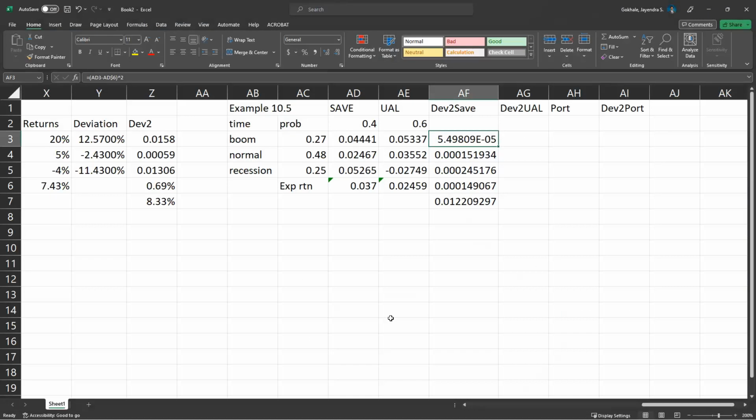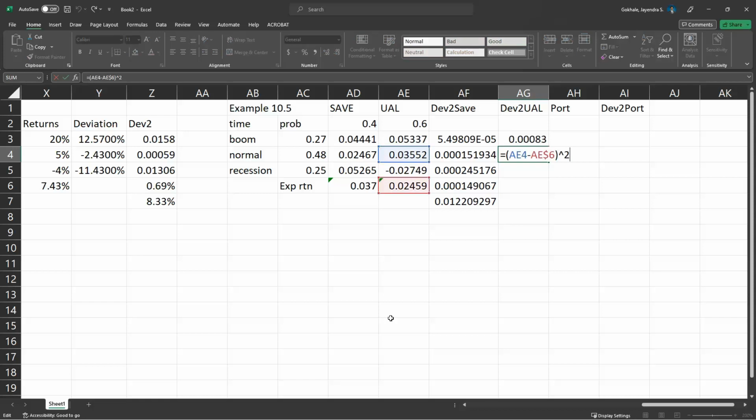Now let's do the same thing with deviation of United. Now in this case, again, we can see it's AD6, not $AD$6. So if we copy and paste it to the right using Control R key, the whole thing has shifted to the right, but it's not going to move down as we move down. So the expected value of United Airlines returns is going to be staying put where it is.